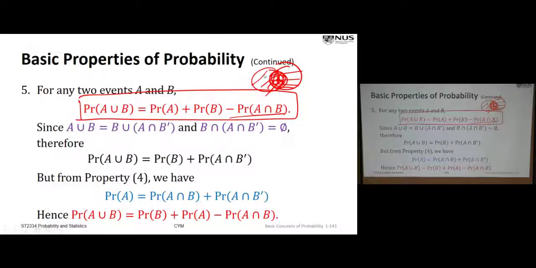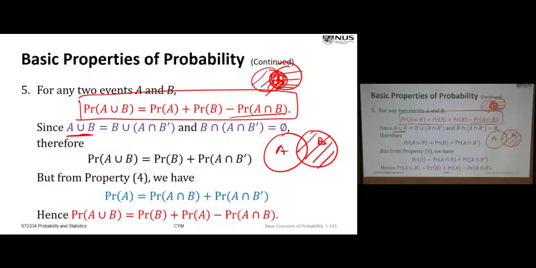But what we can do is to rewrite A union B into two parts. All right? A union B, this is A, this is B, and A union B is this whole thing. So what we write is that A union B is equal to B, this is B, right?